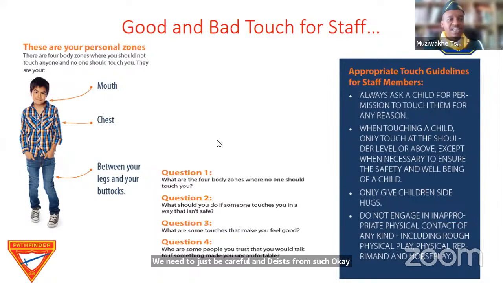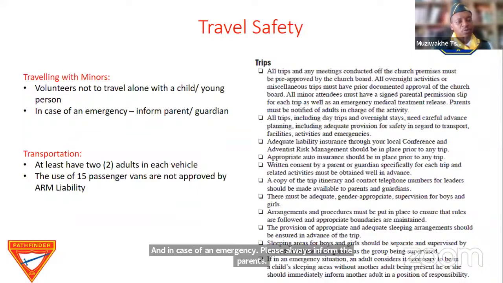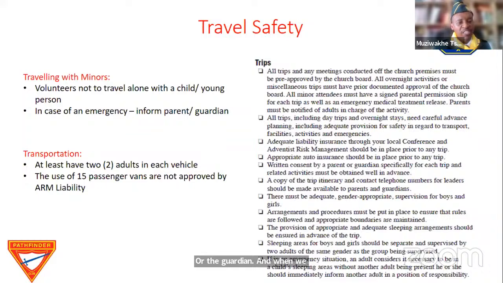All right. Now, when we are traveling with children, these are the critical safety aspects. Number one, volunteers should not travel alone with a child or a young person. And in case of an emergency, please always inform the parent or the guardian. And when we are using transportation, leaders should always have at least 2 adults in each vehicle, particularly when you are using taxis or buses and so on.